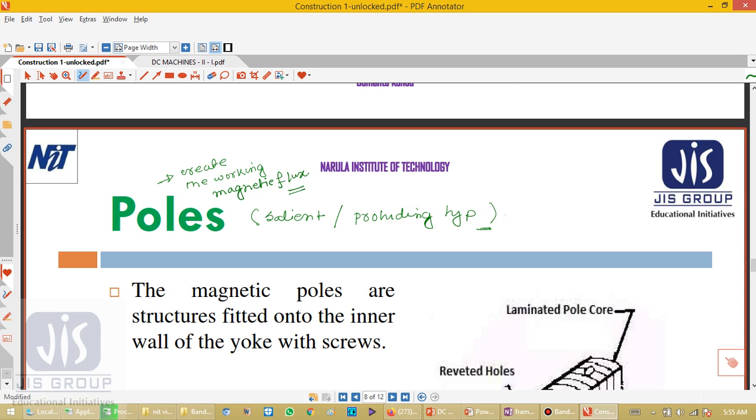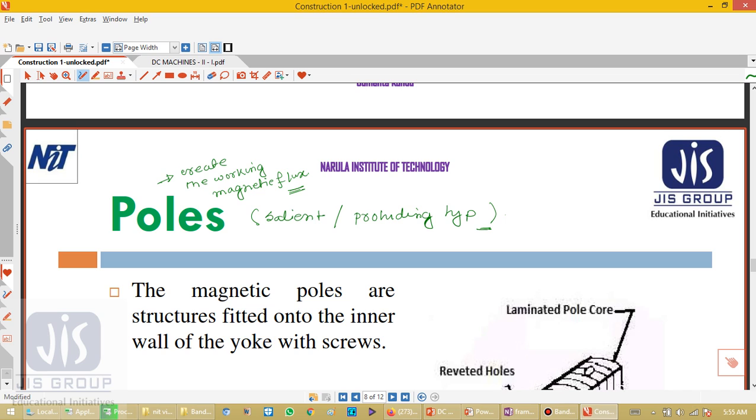For small DC machines permanent magnets may be used. For larger machines electromagnets are used, as permanent magnets are expensive.